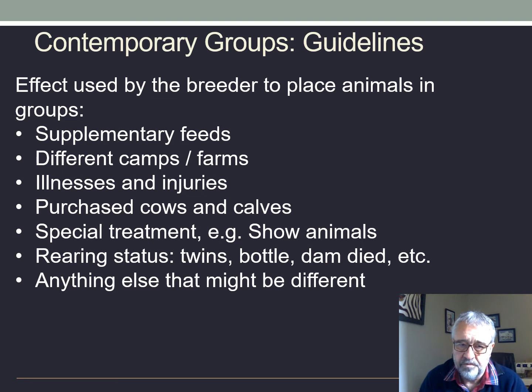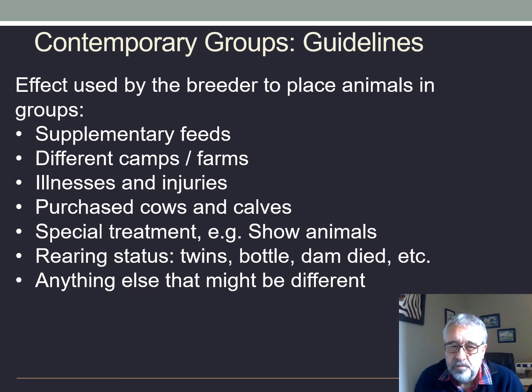Different camps or farms: if the camps are very similar, then there's no need to see that as a difference in treatment. But usually where there's a farm difference, where a farmer farms on more than one farm, that needs to be part of the recording. Illnesses or injuries, I've mentioned that in the example.